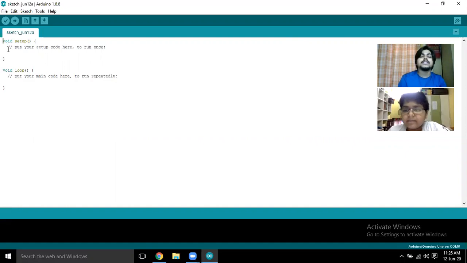All this information is written inside void setup, and in void loop we write the main code, the main logic. What these pins will do, all those activities will be mentioned inside void loop.